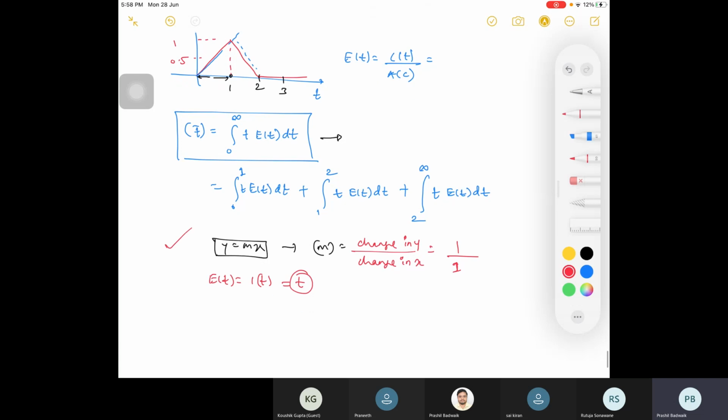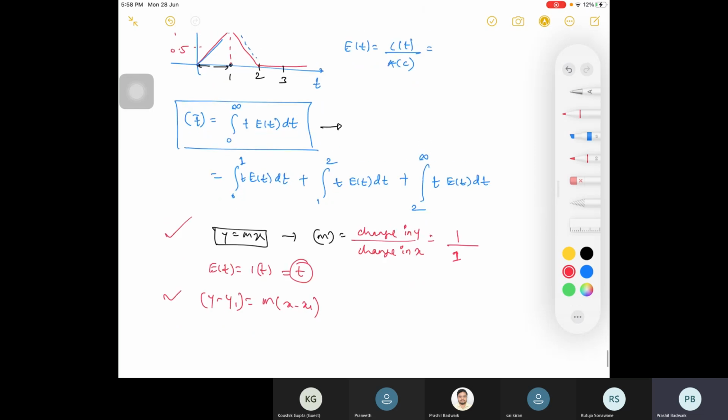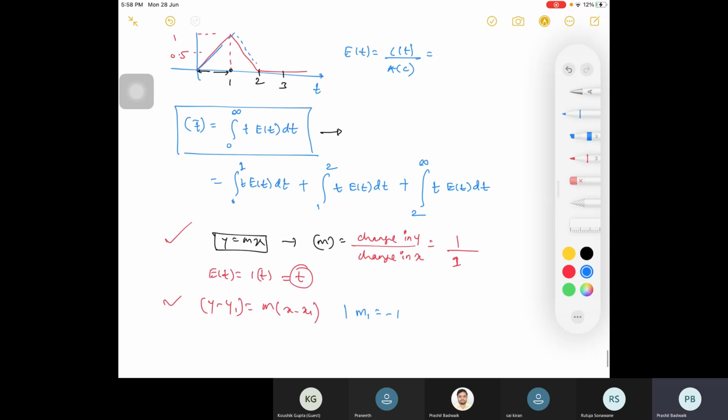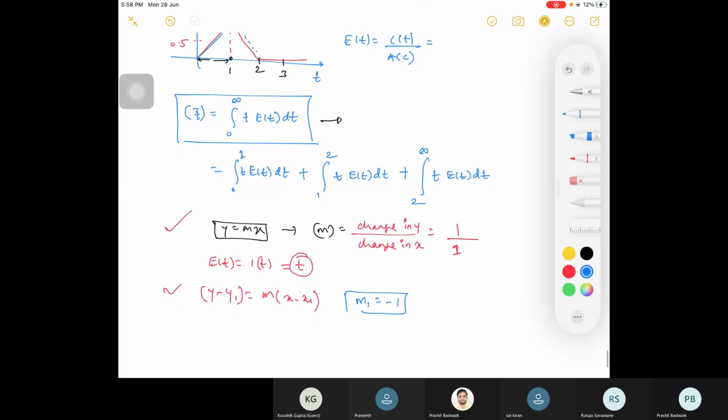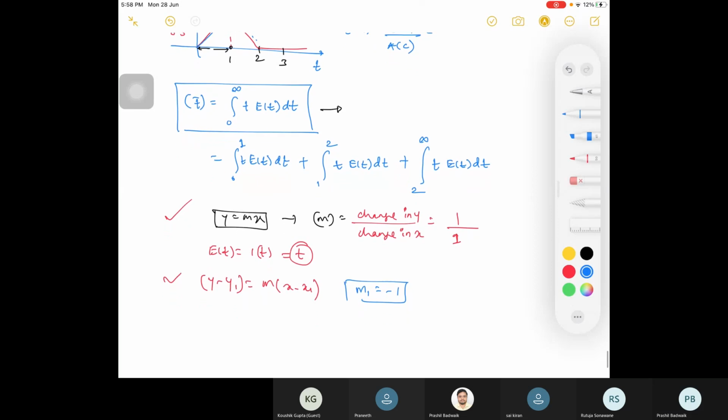In the second, what is your approach? You'll be having y minus y1 is equal to m into x minus x1, right? And what is your slope here? Change in y is minus 1 and change in x is 1. That is decreasing. So the slope is minus 1.